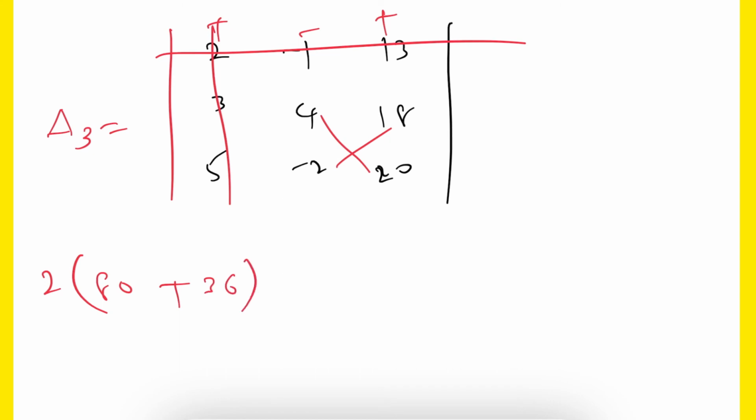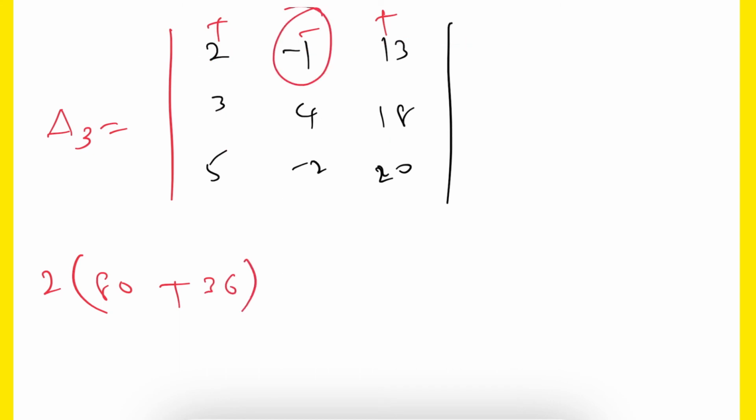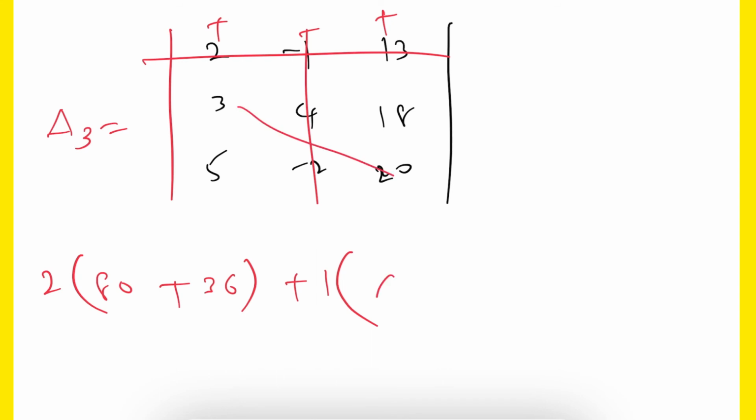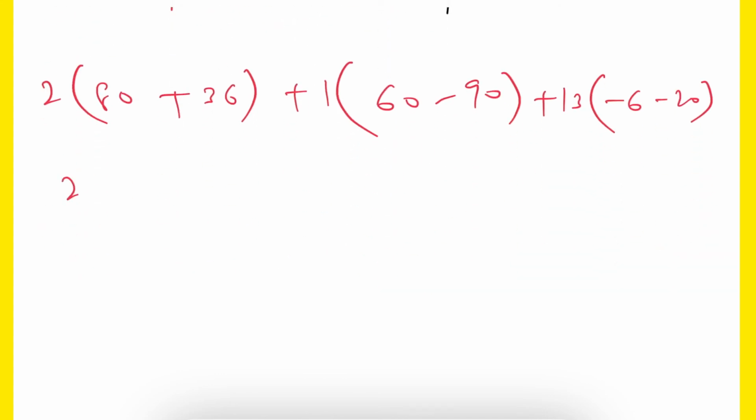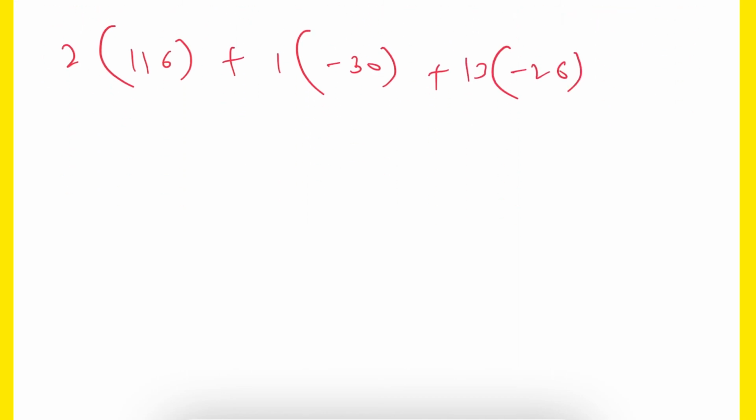Next minus into minus 1 plus 1 into, if you remove that row and column, 3 into 20, 60, minus 5 into 18, 90, then last will be plus 13 into, if you remove that all, 3 into minus 2 it is minus 6, 5 into 4, 20, minus 20. Okay, let us simplify this. 2 into (80 plus 36 is 116) plus 1 into (60 minus 90 is minus 30) plus 13 into (minus 6 minus 20, minus 26).